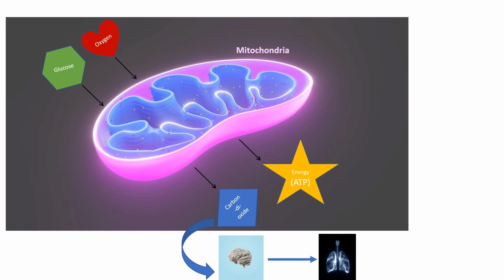The same thing happens when the oxygen level goes down. The brain does not tolerate that, and it stimulates the respiratory center, which is the medulla, and in turn it stimulates the lungs to breathe faster, so more oxygen can get into the body. All right, so this is how the mitochondria produces energy, and that's how the carbon dioxide gets produced as well.